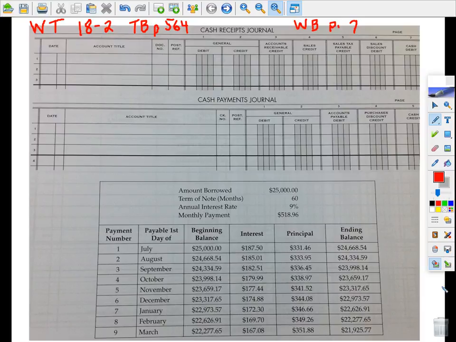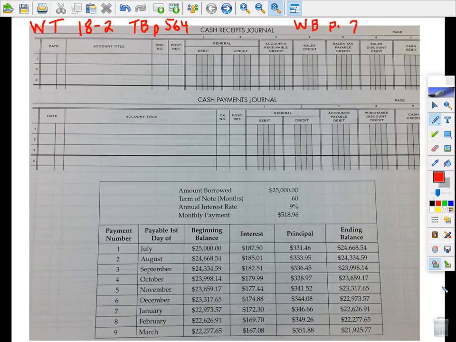For long-term, this is going to require a longer period of time to pay back. More than a year is generally how we separate short-term and long-term. And not only that, but this type of financing is used because we're dealing with more money.